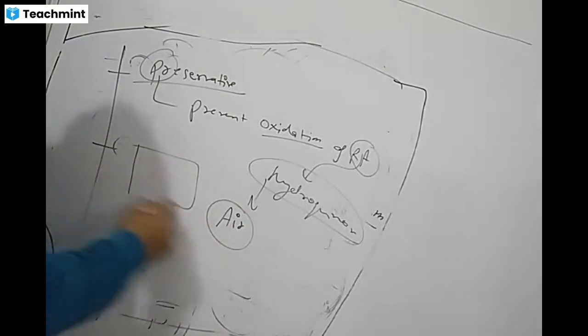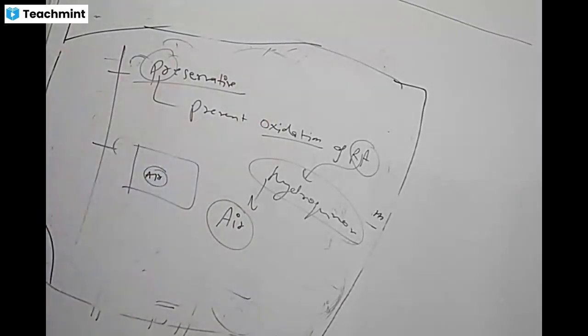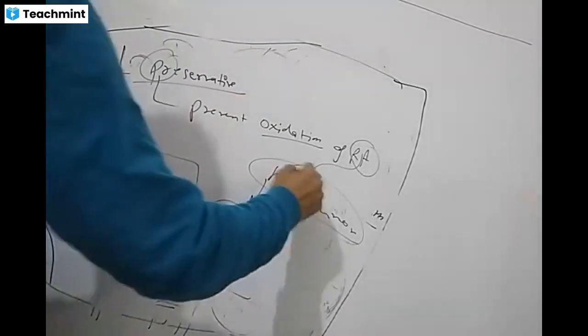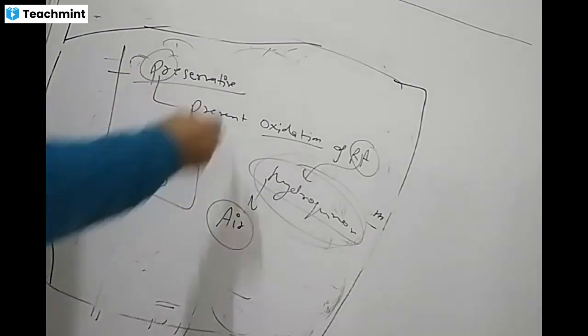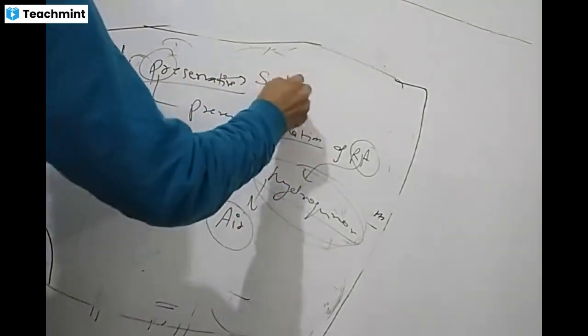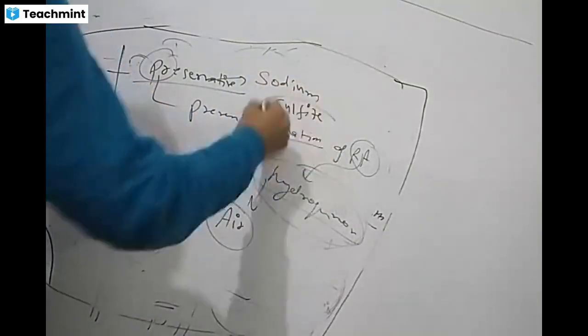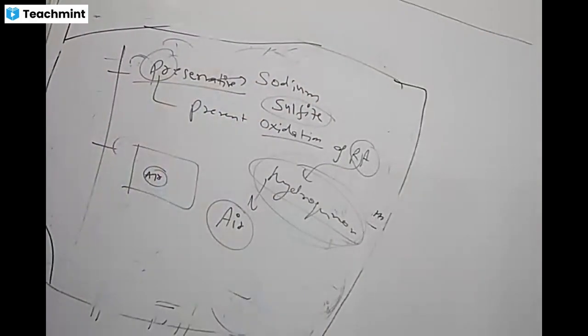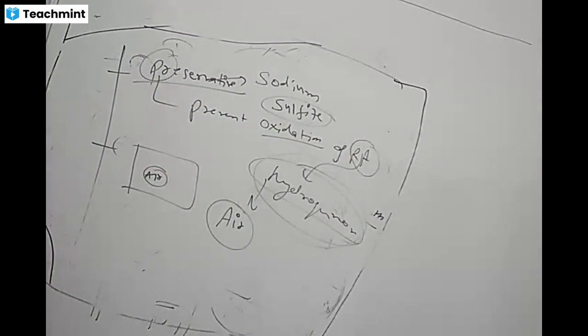During the preparation of the film, if air is present or gets mixed in the solution, it will lead to oxidation of our reducing agent. To prevent that, we use this preservative. The name is sodium sulfite. It will prevent the oxidation of our main reagent, that is the reducing agent.